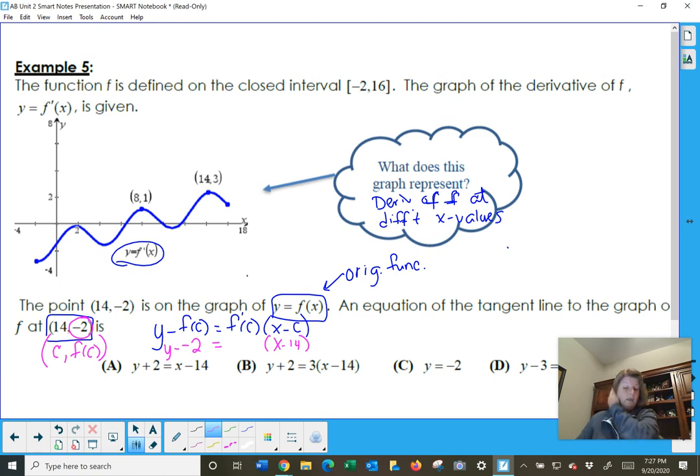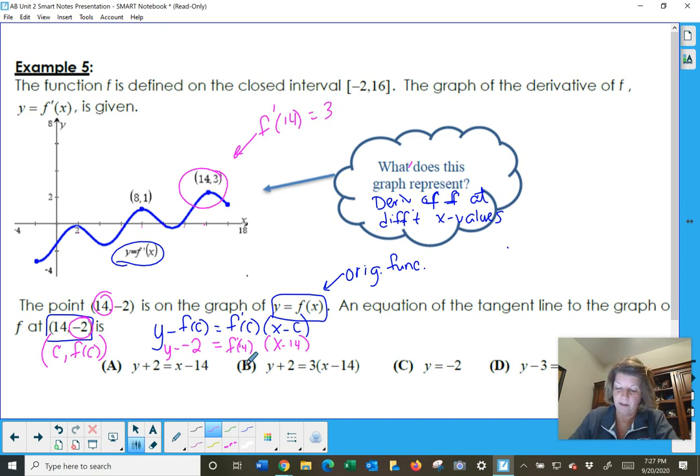Now, what is the slope at f prime of 14? Well, I'm going to go over to 14. 2, 4, 6, 8, 10, 12, 14. And I read this, and this says f prime of 14 is 3.